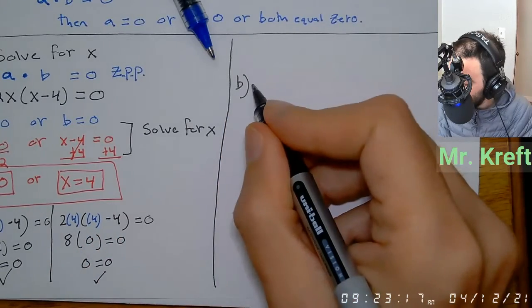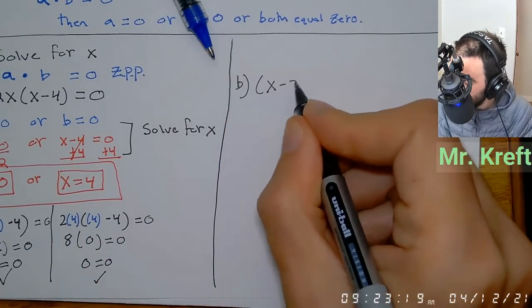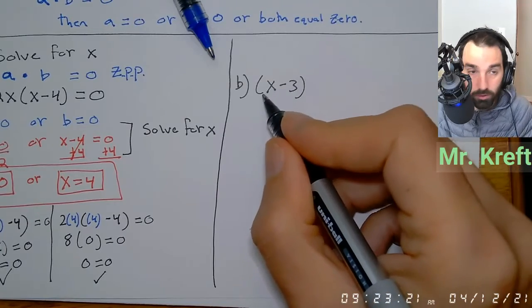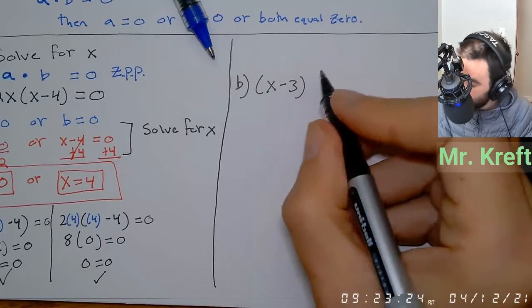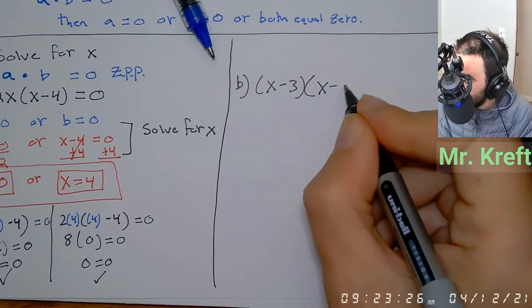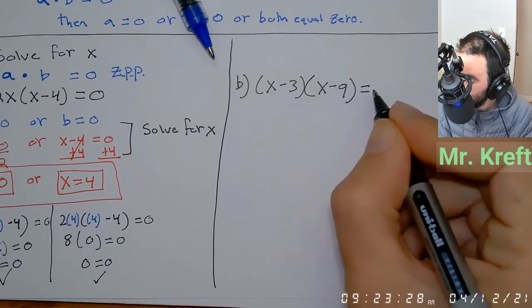Let's do another one. This one's going to look a little bit different. So I have the quantity of x minus 3 and the quantity of x minus 9.